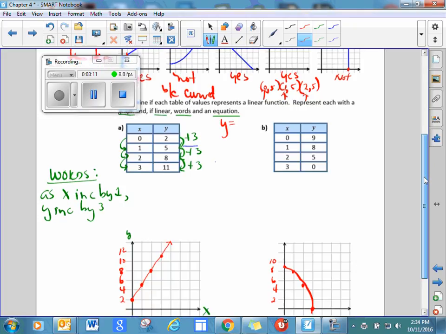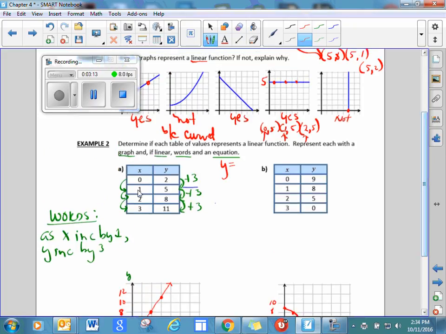So if I inspect this table, and I look at the table before I ever even plot the points, I notice that each one of my y values increases by 3. y starts at 2 when x is 0, and this is important. But to get to the very next value, it's increased by 3, and then by 3 again, and by 3 again. And this pattern would continue if we enlarged our table.